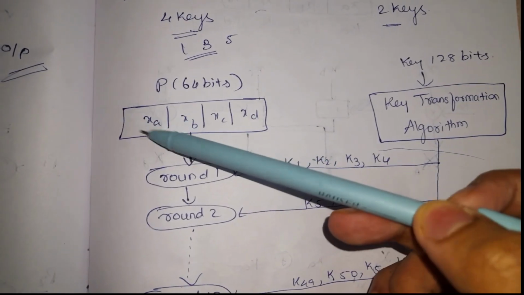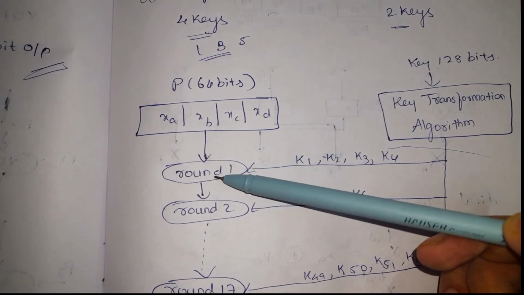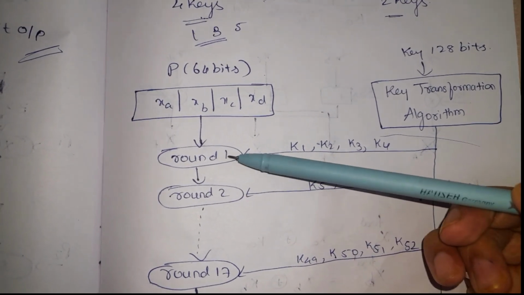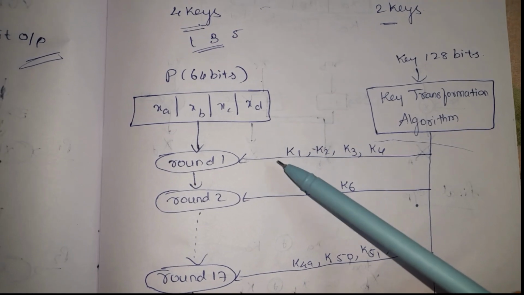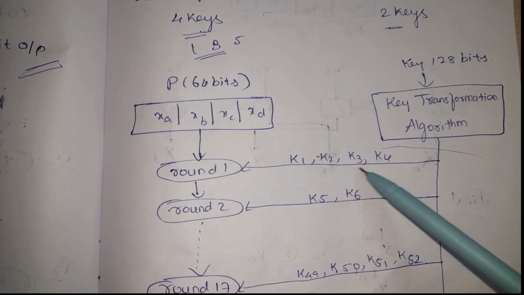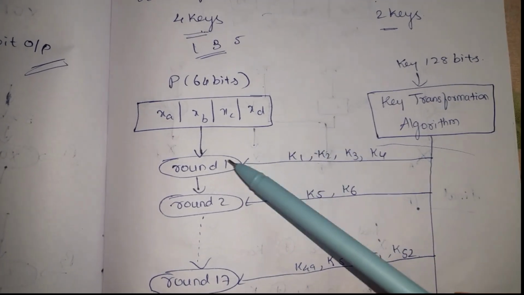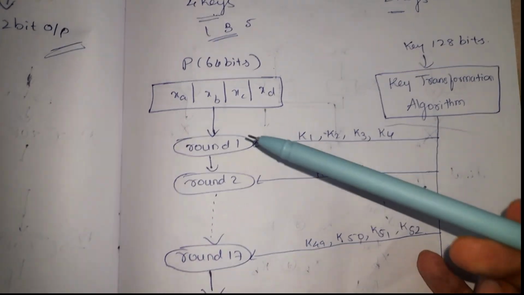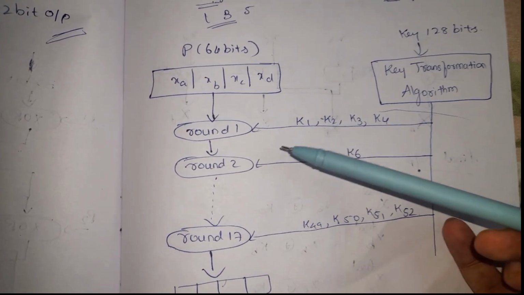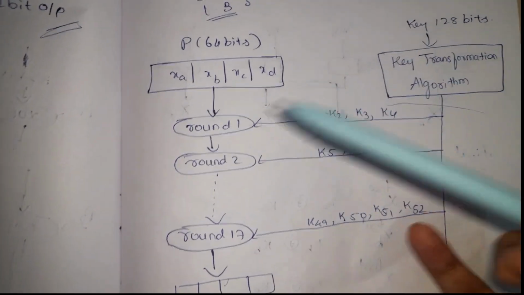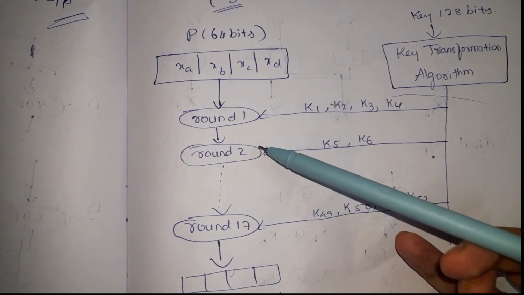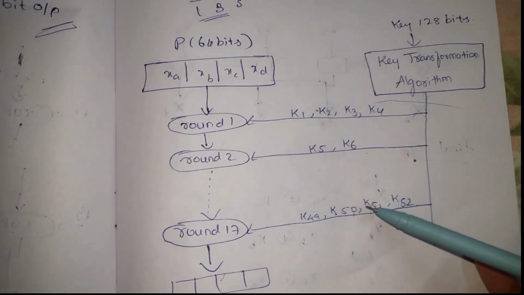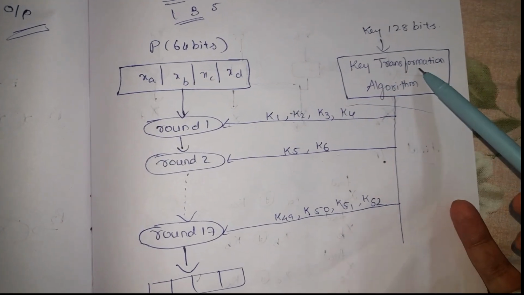Now this plain text goes through the rounds. Starting from round 1, it is an odd numbered round, so it makes use of 4 keys to perform an encryption operation. What happens in each and every round, I will show in the upcoming steps. Now in the second round, an even numbered round, it makes use of 2 keys, and these keys are generated with the help of the key transformation algorithm.